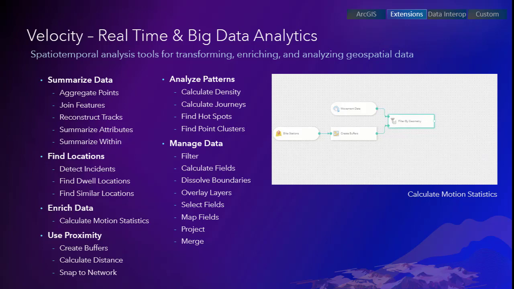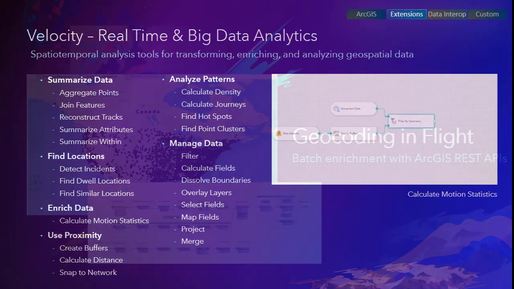And through these spatial analytical processes you see here, ArcGIS Velocity can add attributes and enrich data by joining data, as well as creating new attributes using processes such as the calculate motion statistics, which looks at moving vessel data, for example, and calculates average speeds and dynamic distance to a point or a target, and adds that data back to a data set.